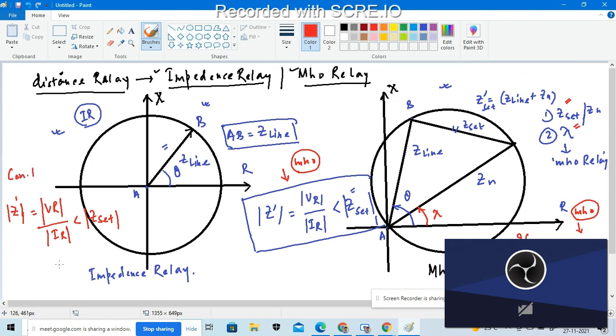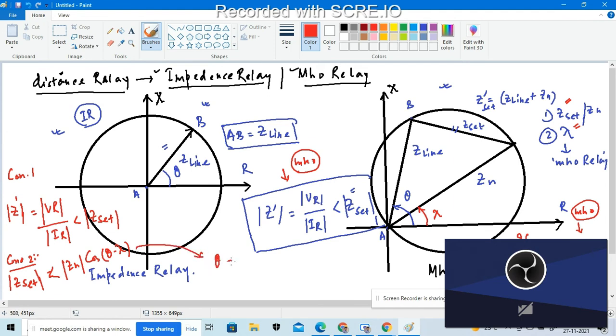For condition 2, the magnitude of Z set should be less than Zn cos of theta minus lambda.